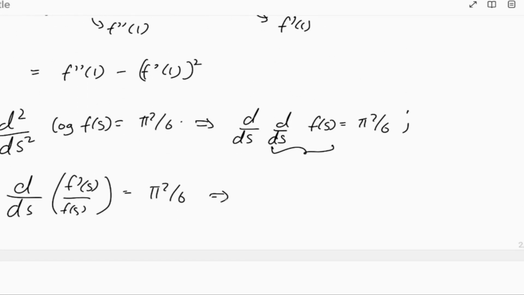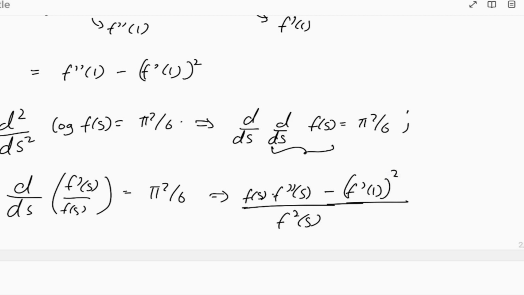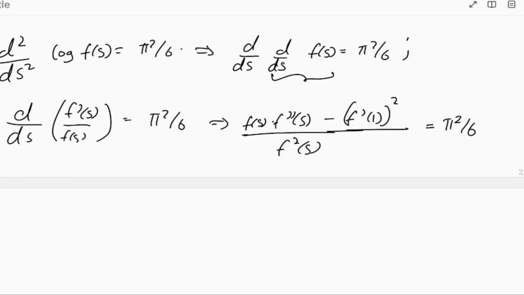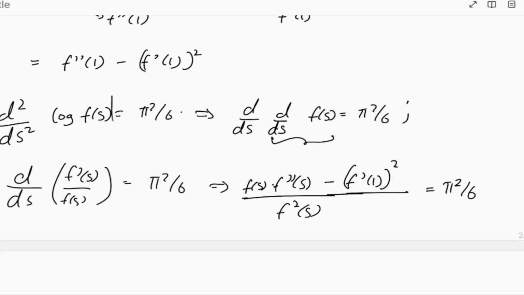So this becomes the denominator times the derivative of the numerator, so that's f double dash s, and then subtract the derivative of the denominator times the numerator, so that's f of 1 f dash 1, all over the denominator squared, and this is equal to pi squared by 6. Okay, and they've given that this is at s equals 1, so this is 1 everywhere.